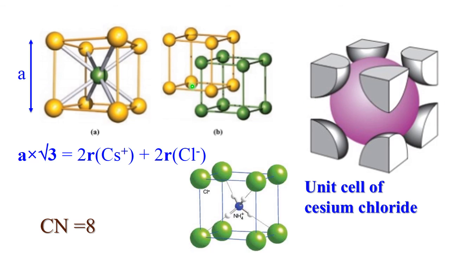The same structure can be represented as 2 cubes glued inside each other. So you have 8 neighbors around each of them.